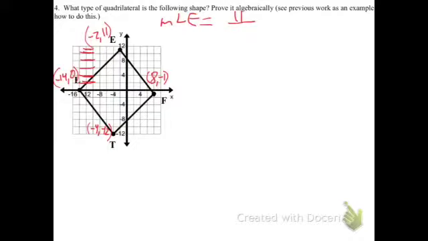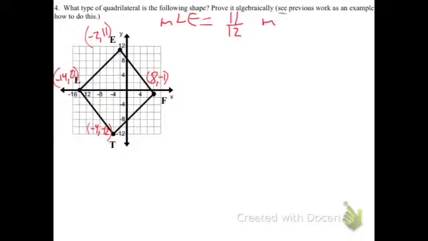And the run is 2, 4, 6, 8, 10, 12. So you're looking at 11 over 12 for our slope there. I just want to get all the slopes first.